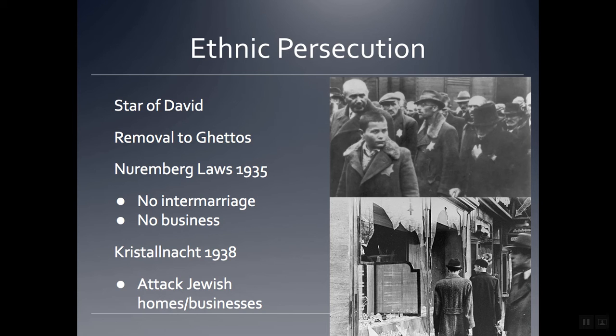They intensify to include that you are not allowed to do business. You're not allowed to walk on the sidewalks. They intensify just to make life more and more difficult for Jews to live in Germany.